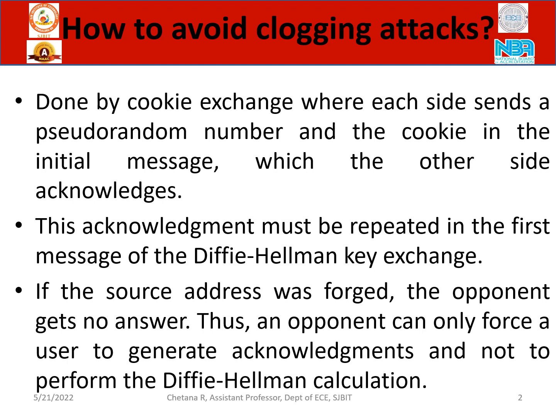Each side sends a pseudo random number, a cookie, in the initial message, which the other side acknowledges. So initially when you are sending, a pseudo random number and a cookie are sent to the recipient, and the recipient also acknowledges. This acknowledgement must be repeated in the first message of the Diffie-Hellman key exchange, and if the source address is forged, the opponent gets no answer.